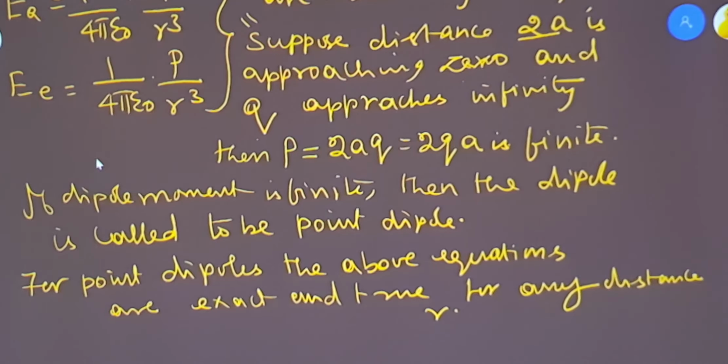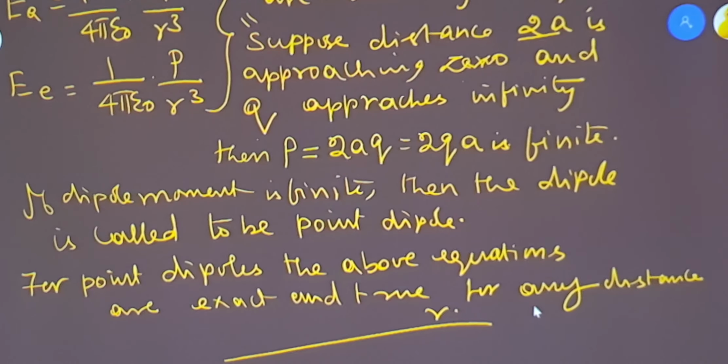Then the dipole moment p equal to 2qa is finite. If the dipole moment is finite, the dipole is called a point dipole. Then for a point dipole, the above equations for EA and EE hold good, or are exact and true for any distance r.